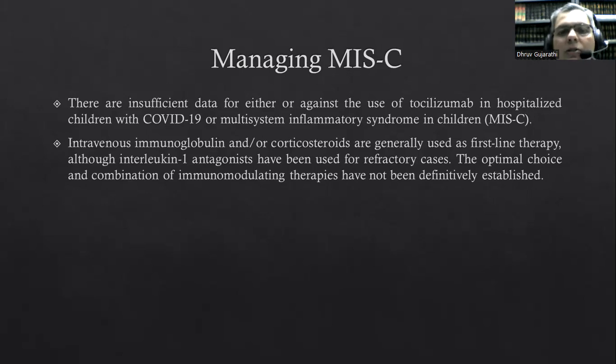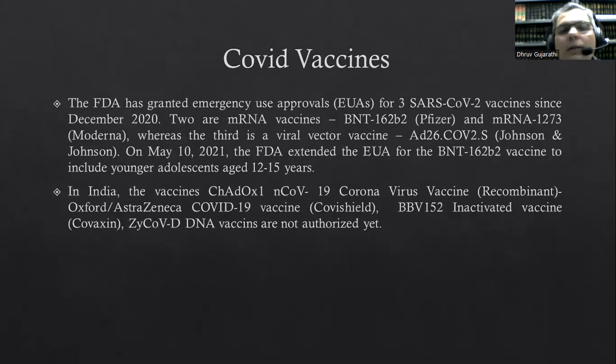Interleukin 1 antagonist can be used in refractory cases. Whether immunomodulatory treatment should be used or not is totally left to the pediatrician because no safety data and no efficacy data are available. So this was about managing MISC.